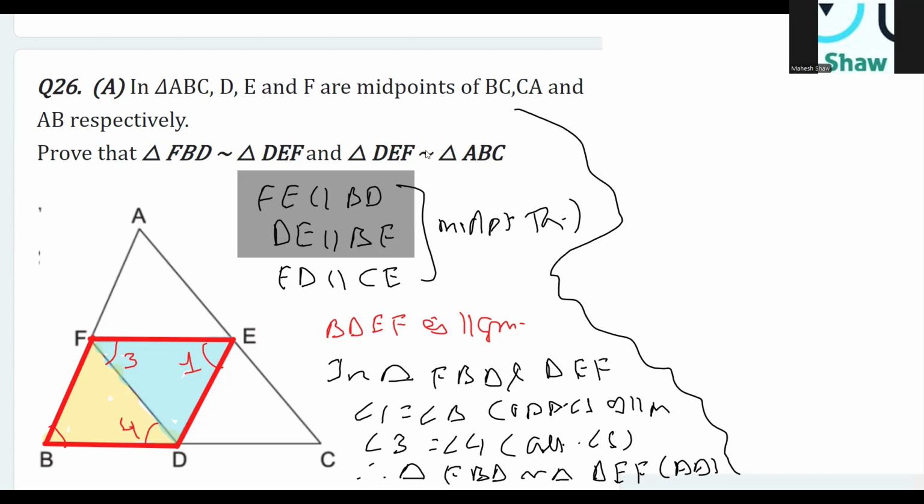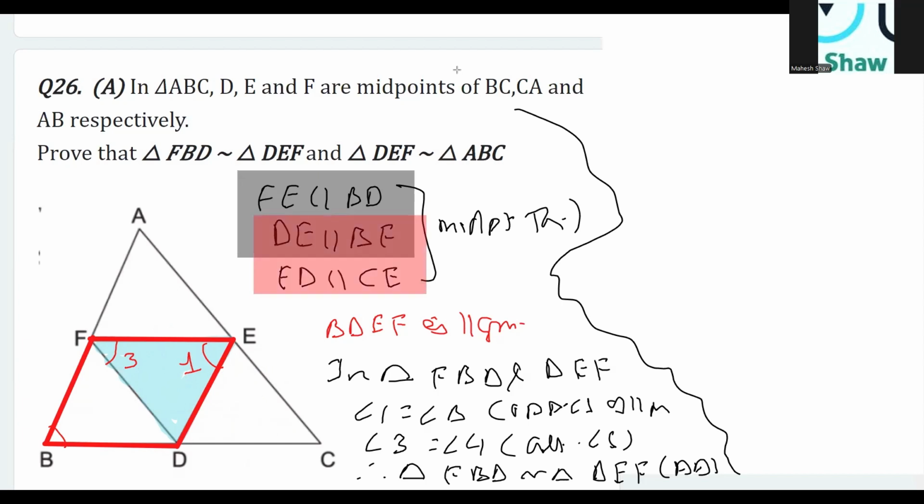And I can see we have one more part here, to prove that triangle DEF is similar to ABC. We have already proved one of their angles equal, as I can see here: angle 1 is equal to angle B. Now, since we proved these two sides parallel, in the same way we can say that this is also a parallelogram.